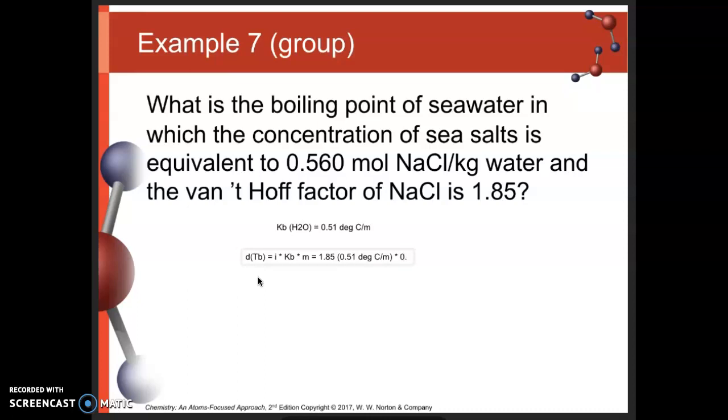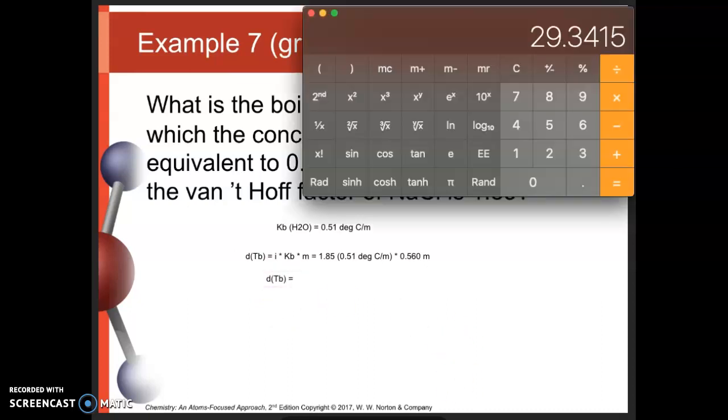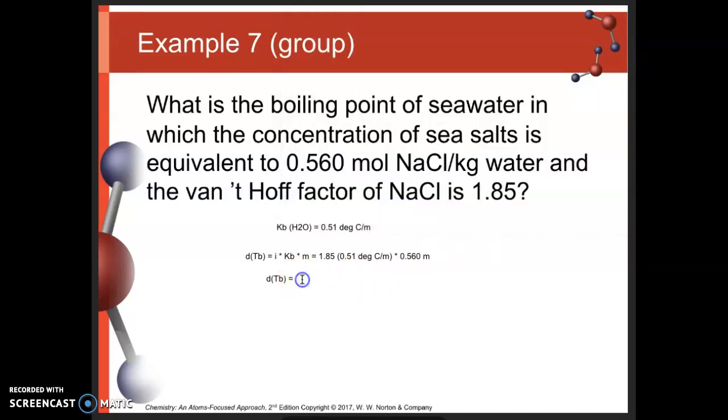So 0.560 molal solution. My boiling point change is going to be equal to 1.85 multiplied by 0.51 multiplied by 0.560. So with two significant figures because of the Kb, we're talking about a change of 0.53 degrees Celsius.